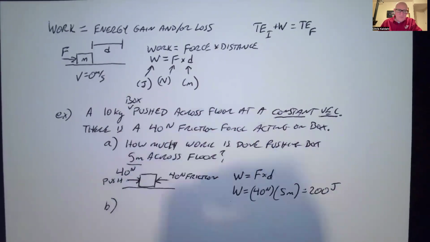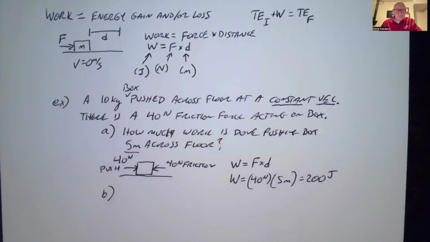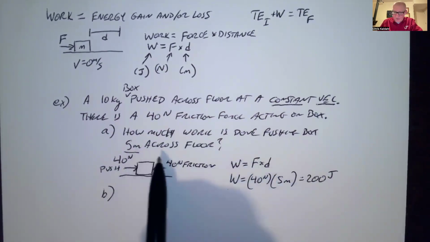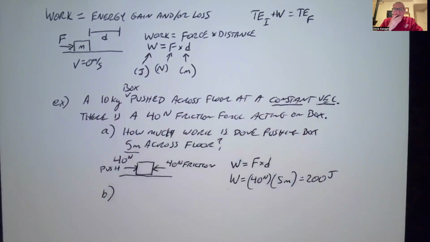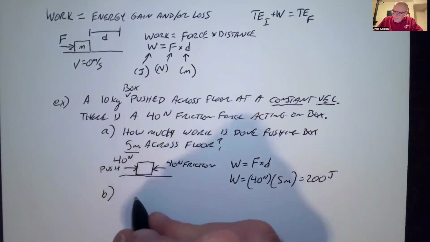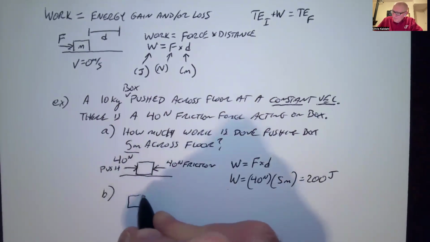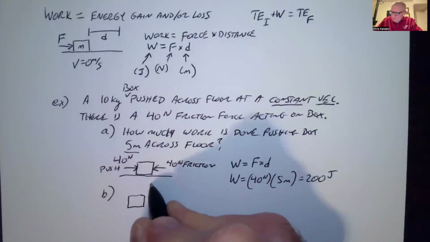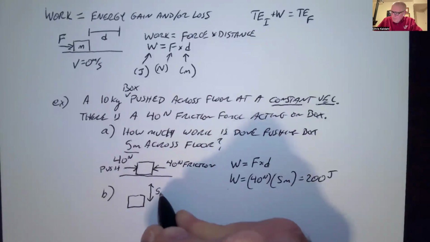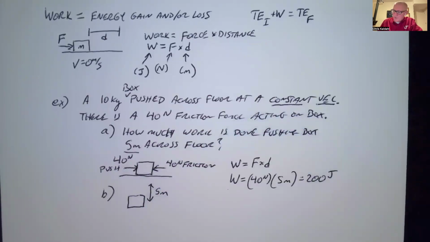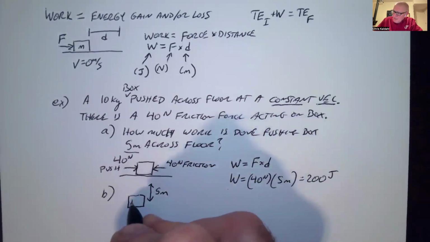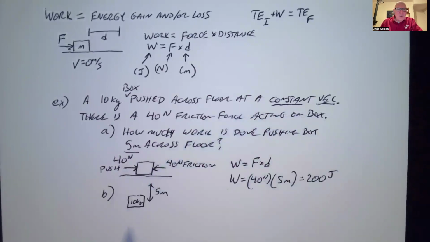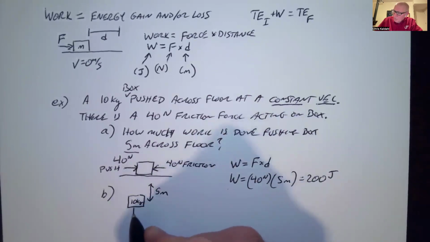Now part B, a little bit of a different question. What if I wanted to raise this box up? Instead of pushing across the floor 5 meters, what if I wanted to raise it up 5 meters? That might be a little bit of a different force. So my box is 10 kilograms. And what you have to remember is that gravity is what's trying to pull this thing down.